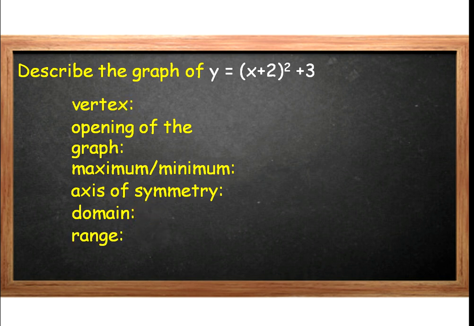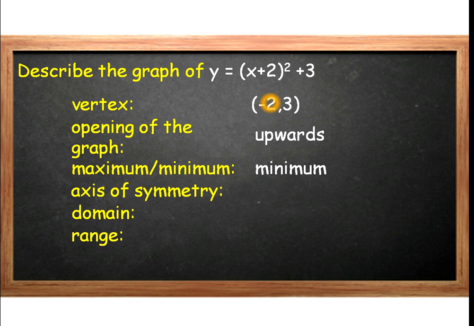The vertex of this function is (negative 2, 3). The opening of the graph, since the value of a is a positive number, meaning a is greater than or equal to 0, is upwards. Since the graph opens upward, the vertex is the minimum point. The axis of symmetry is given by the equation x is equal to the value of h.